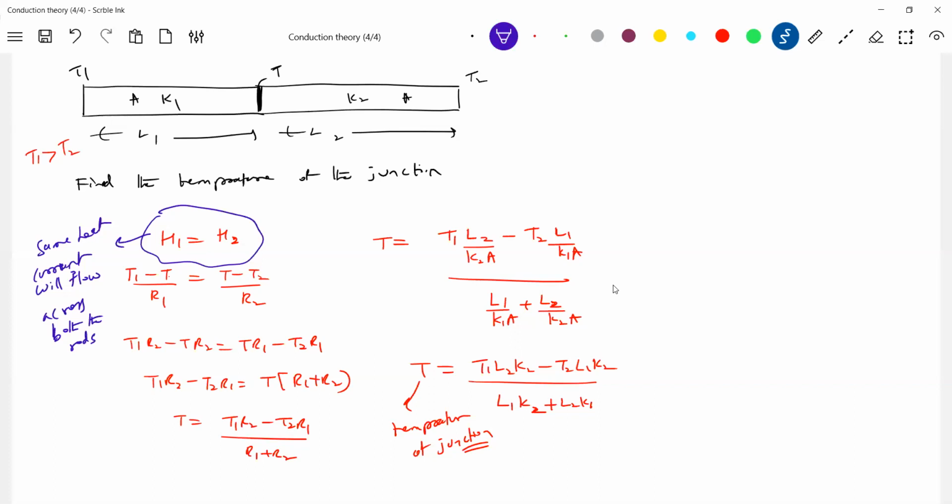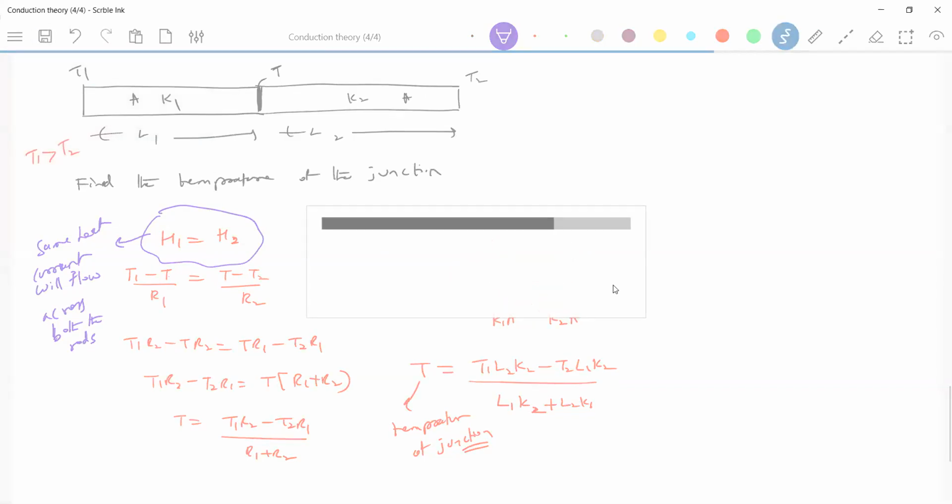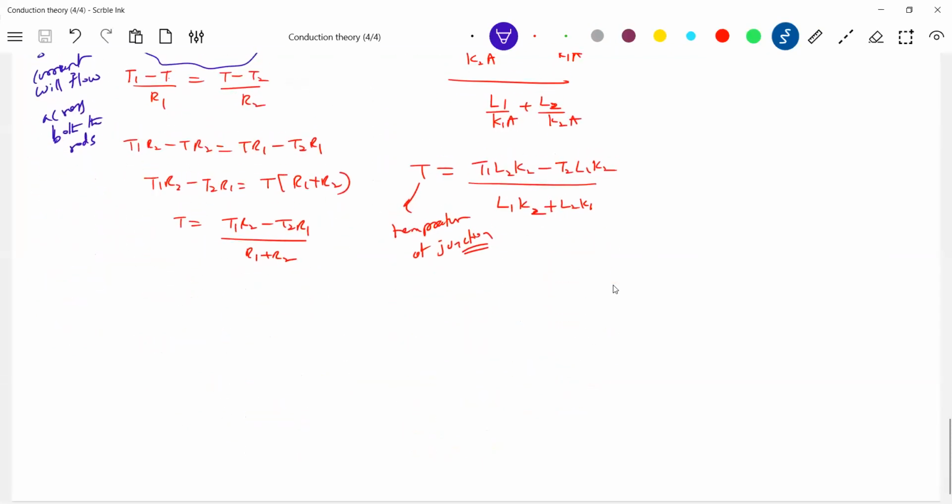Like this, we can calculate the temperature of the junction. So maximum of all the numericals will use series parallel, similar to current, KCL ideas, Ohm's law. That is what we'll be applying. Okay, let's go for the series parallel discussion.